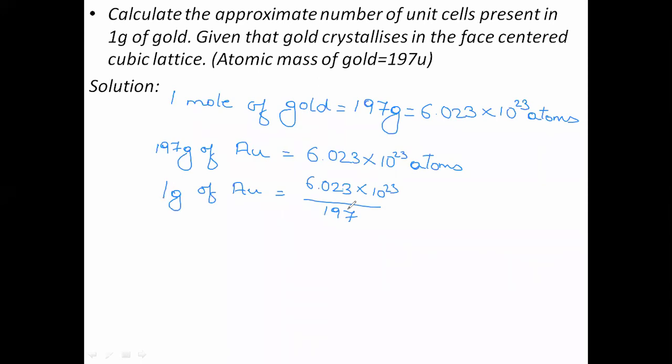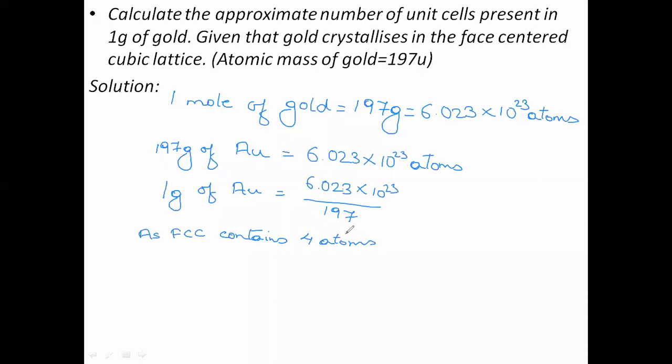So now, this many atoms is the actual number of atoms given to us. But what we need to find is not the number of atoms, but the unit cells. Now, what they have given us is a face-centered cubic unit cell. FCC, face-centered cubic unit cell, contains how many atoms? 4 atoms.